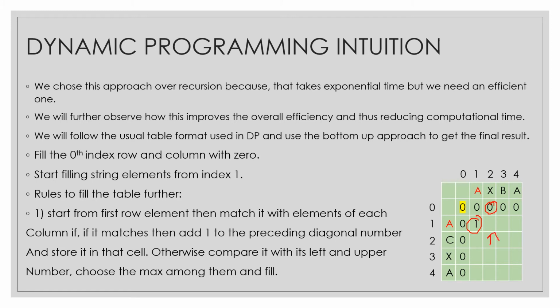As we can see, the maximum is 1, so 1 gets appended here. So in this way we can get the intuition behind the dynamic programming approach and the rules which have to be followed. Now we will take another example, and step by step we'll see how to implement it and get the final result.